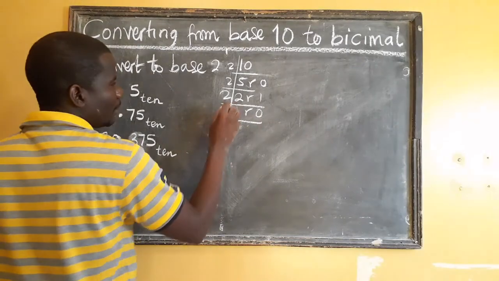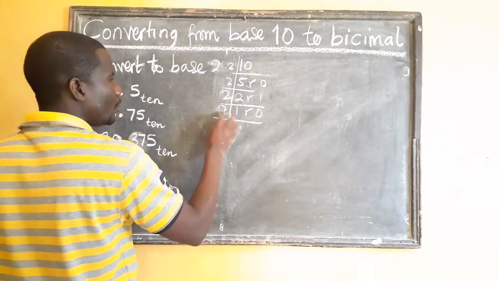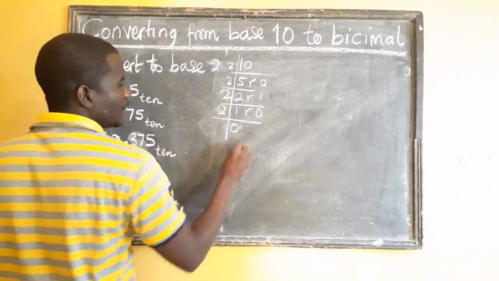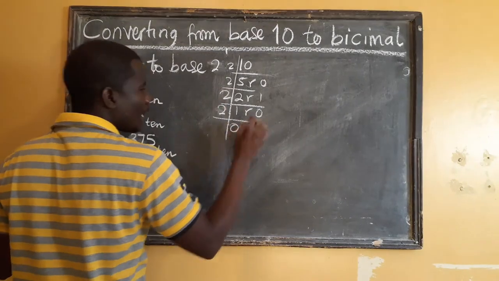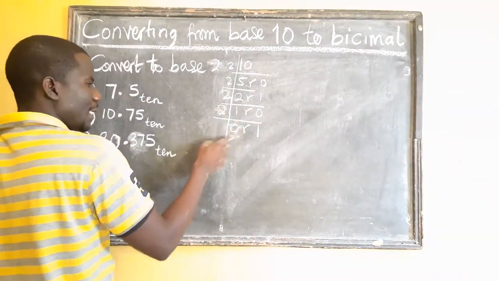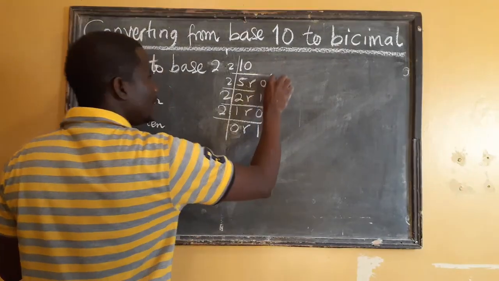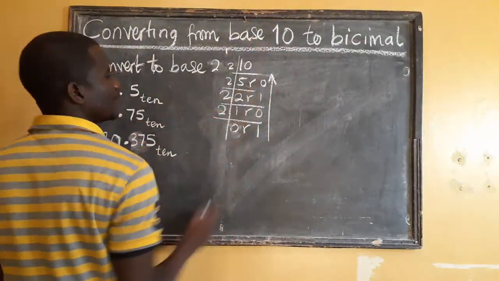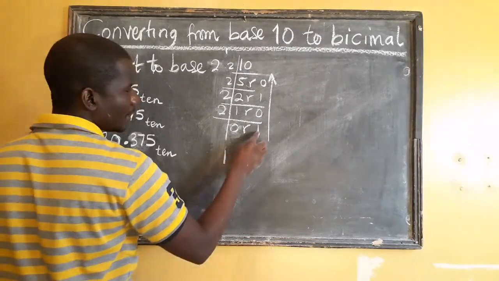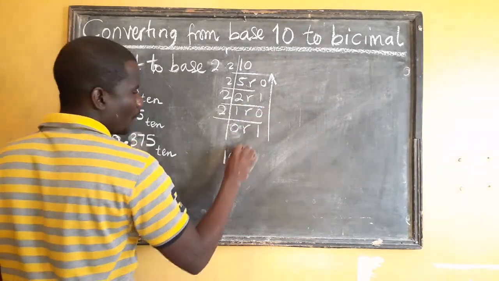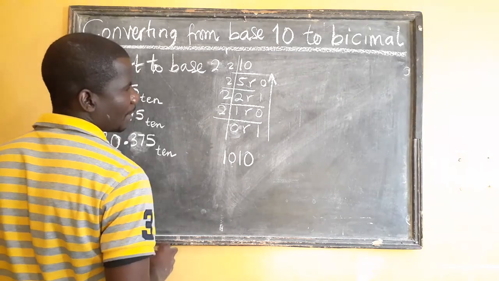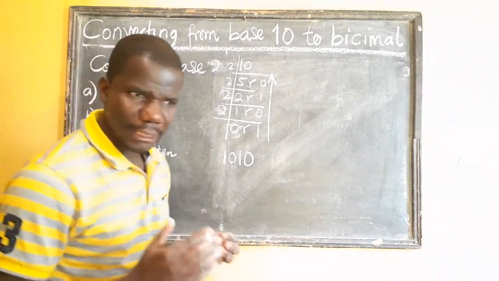Then 1 divided by 2 is 0, remainder 1, until we have 0 here. Then how do we do it? We read the answers going upward. So it will be 1, 0, 1, 0. That is only for the whole number part.